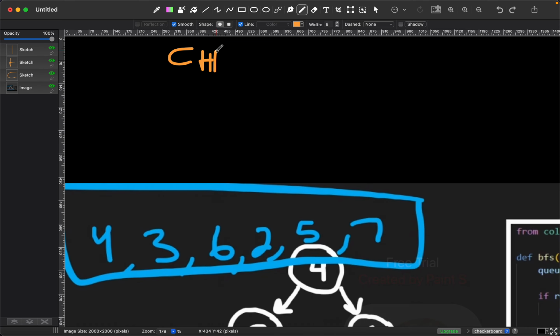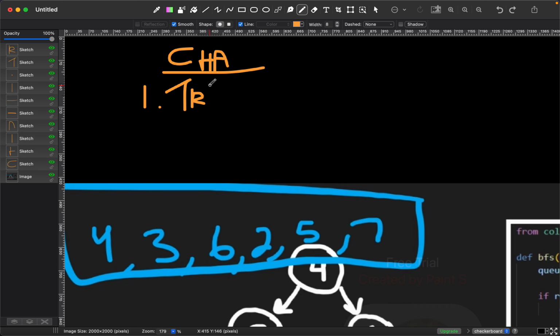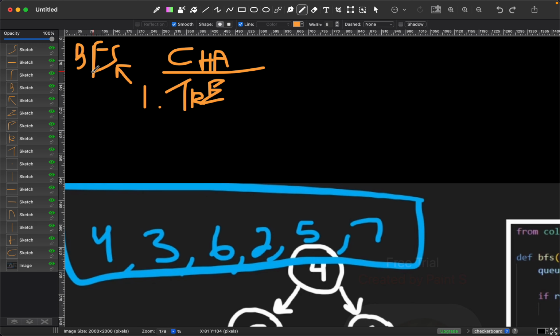The character of the day that we are introducing is tree per se, and the character specific is breadth search per se.